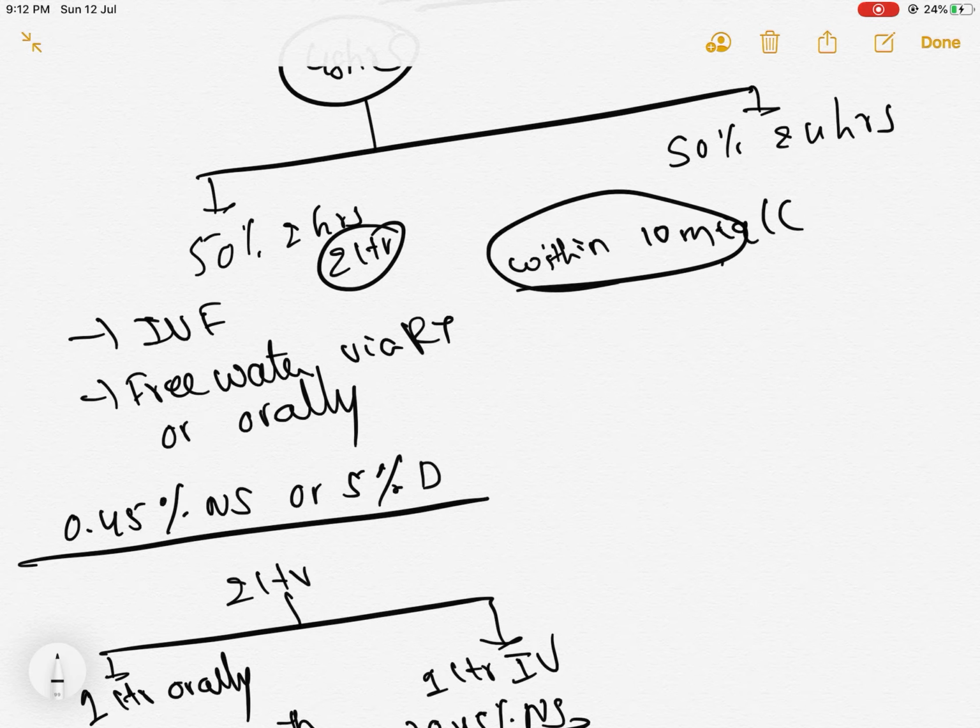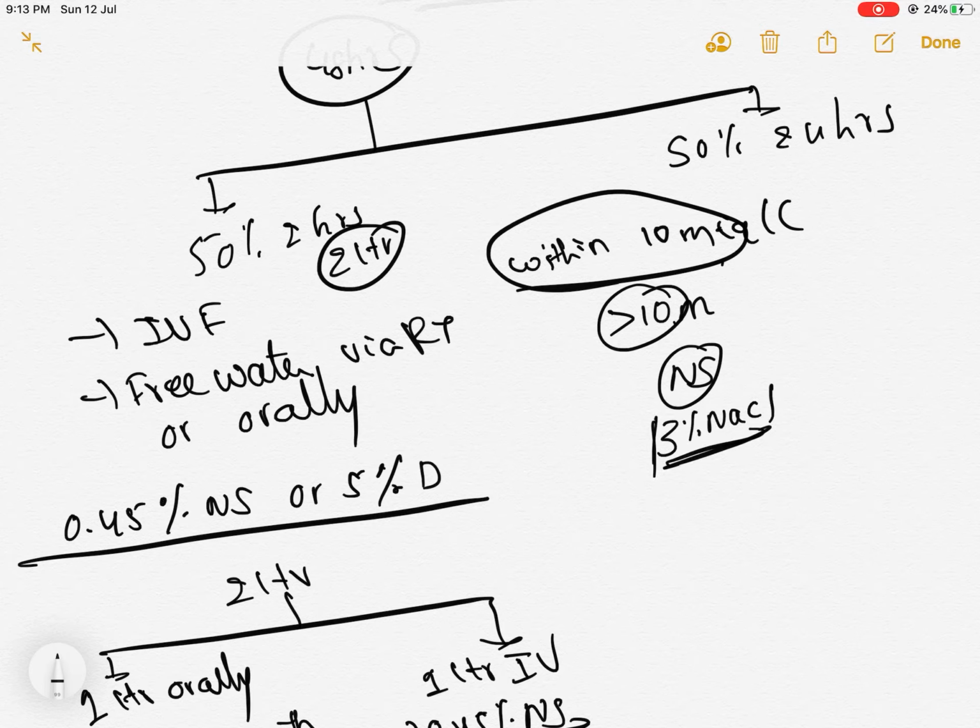If the correction is more than 10, then one thing you can do is that you can again induce hypernatremia by giving normal saline or 3% NaCl. But most of the time what we do is we just wait and watch and repeat the electrolytes after 4 or 6 hours, and correction by inducing hypernatremia with normal saline or 3% NaCl is usually not required.